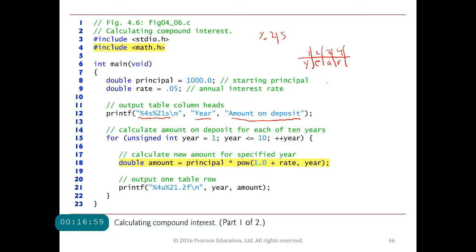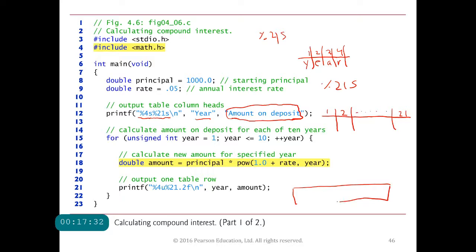Then the second string is %21s. So what that means is you have a string of 21 characters, 1 2, until you get to 21, and this is a string which actually has 17 characters, so it will be right justified. If you have this field which consists of 21 characters, it will be right justified, so it will appear on the right side.